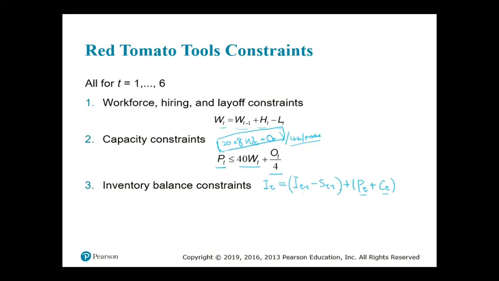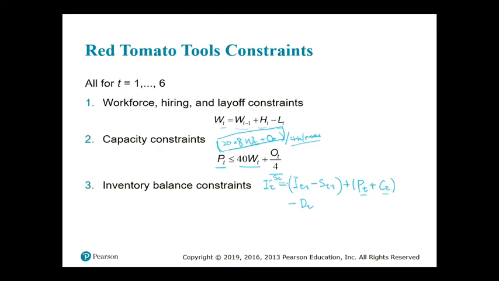And minus demand satisfied, so D during T. And I need to adjust the left-hand side by S_T in case we actually run out of stock. Okay?